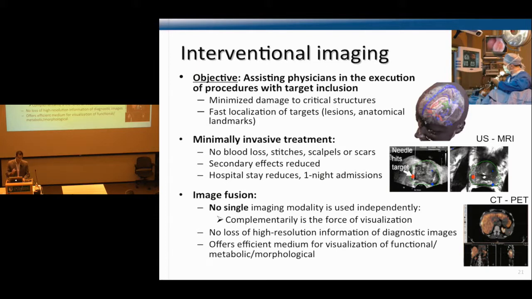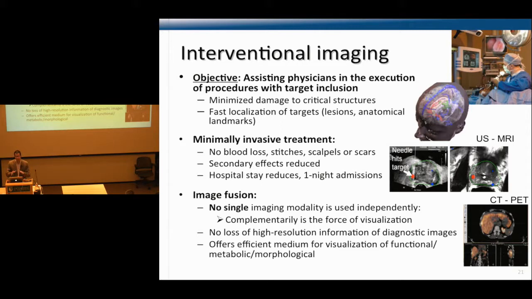The key message we're trying to get across is that there's no single imaging modality that is used independently. The key is the complementarity between all these different modalities, brought together to give a comprehensive image to the surgeon or the interventional radiologist.